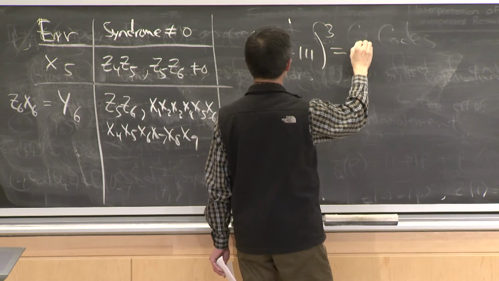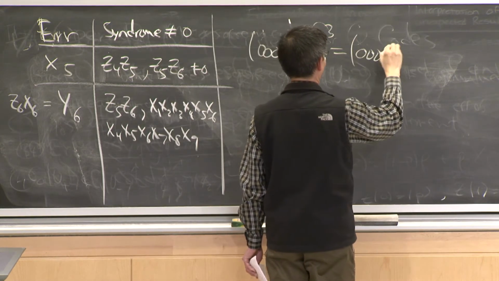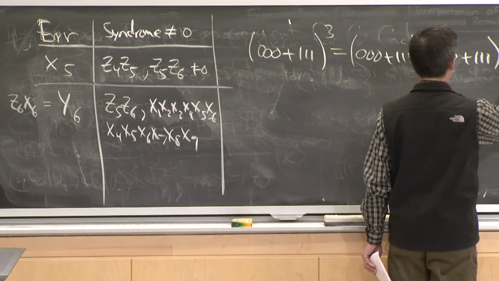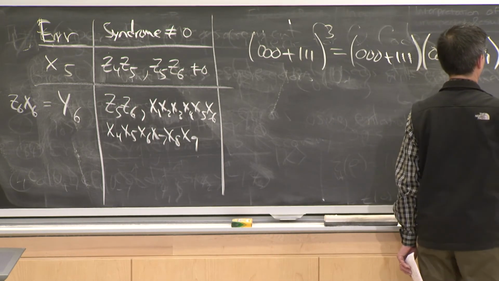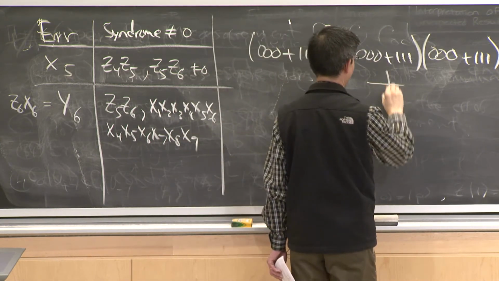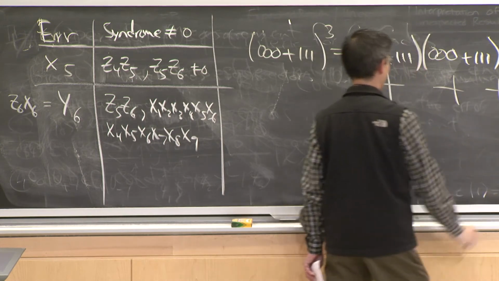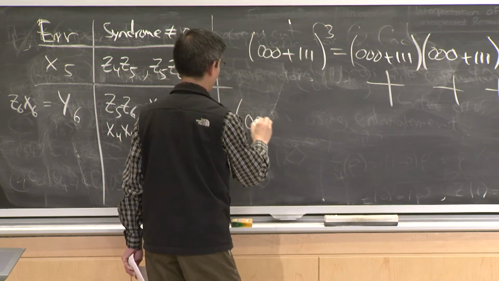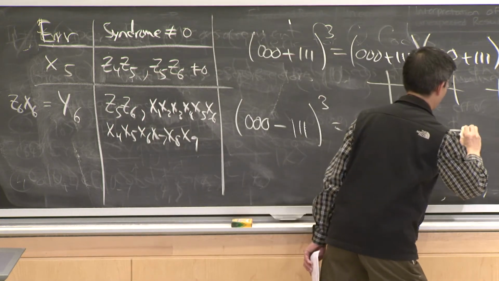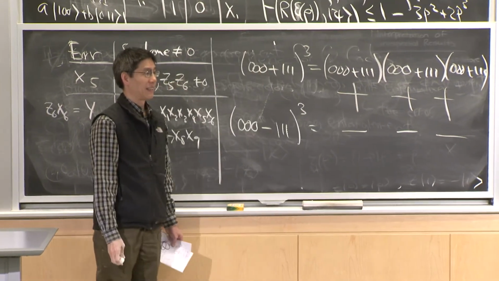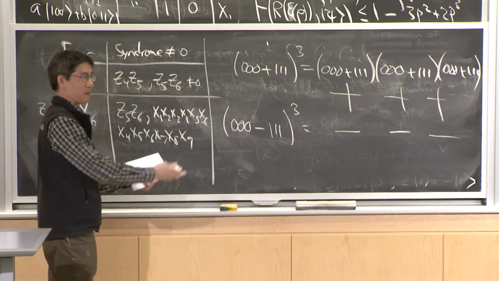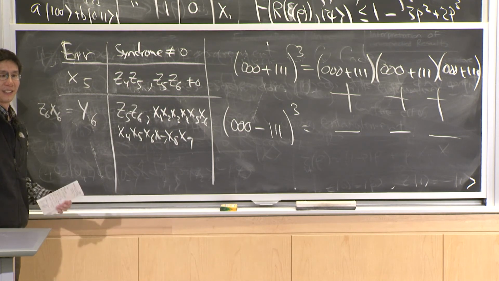This is 000 plus 111, 000 plus 111, 000 plus 111, like that. And so if you look at it from afar, it looks like a Munster plus, plus, plus. And then the 000 minus 111 is something like a minus, minus, minus. And so that's the phase flip code. That's why our error syndromes look like these groupings of X's together.